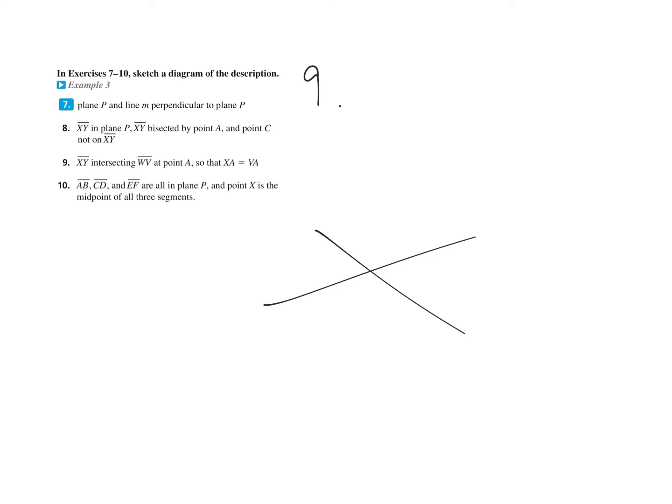Let's draw X and Y, and W and V. These are segments, so these are going to be endpoints, so let's make sure they're endpoints. Now point A is the intersection.